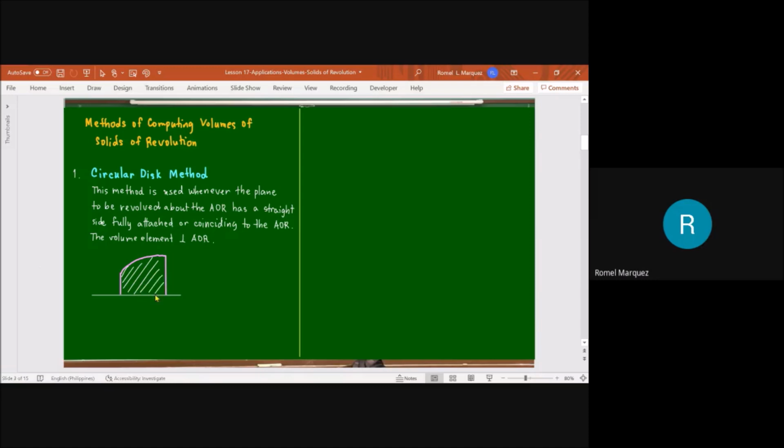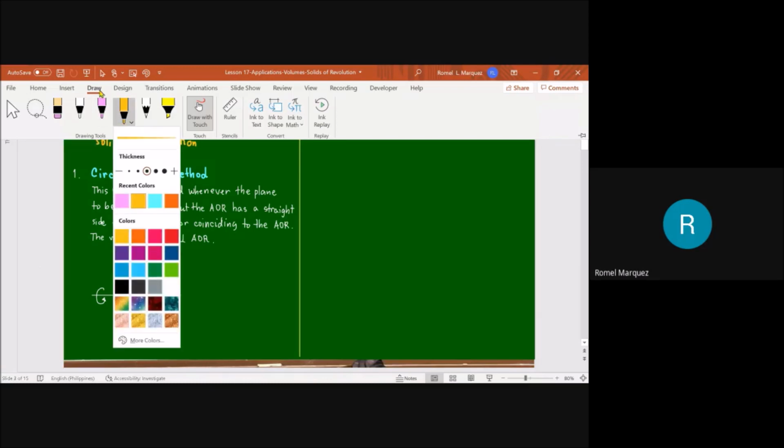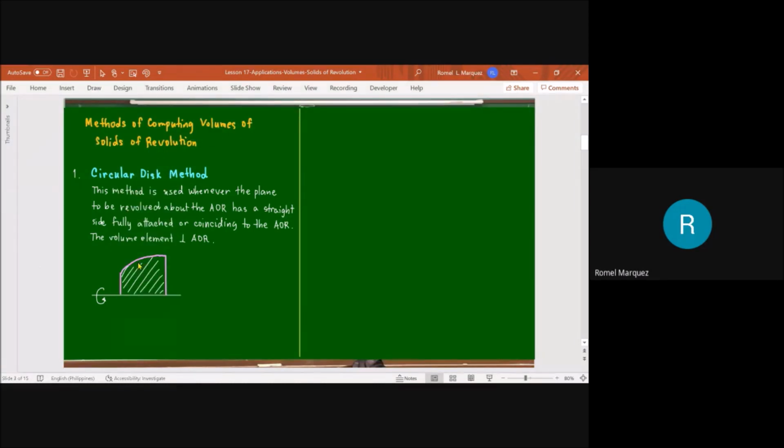If I'm going to revolve this irregular region about this line, we will be able to form a solid using the circular disk method. So we have to draw the volume element, and the appropriate one here is, for this case, vertical. Okay?